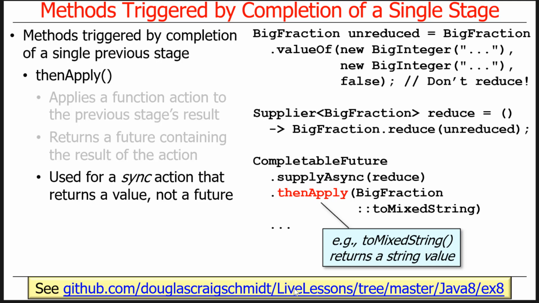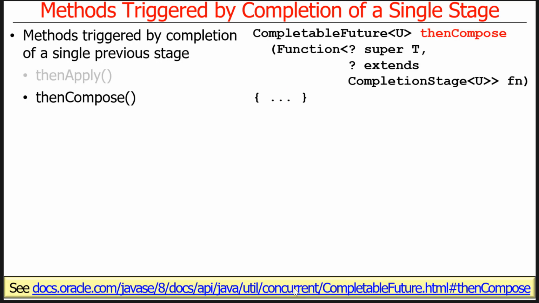And of course, thenApply actually returns a completable future, but it'll be a completable future to a string that will be generated when this action is applied. Okay, so typically we use thenApply for things that will just do something usually fairly quickly, and we don't have to worry about having them run in the background for very long.